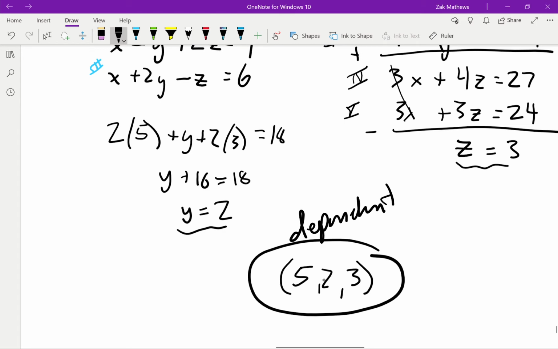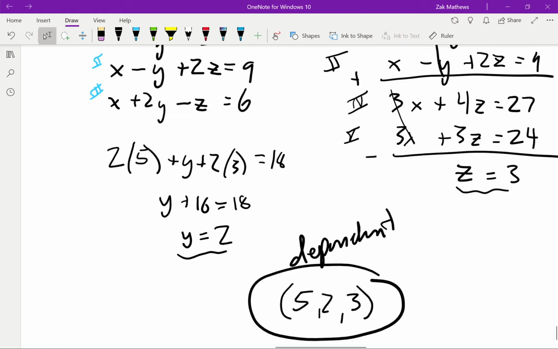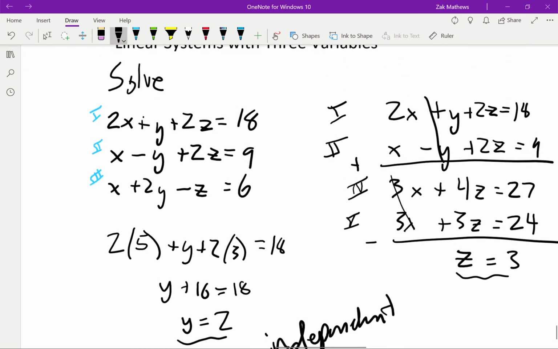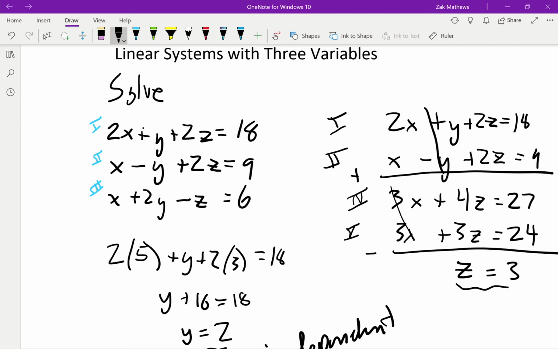We have obviously a consistent set of equations, we could solve it, and we got one solution, so it is not dependent, but independent, rather, independent, because we have that one solution. If we want to have a chance at having independent solutions, we have to have the same number of equations as we do variables.